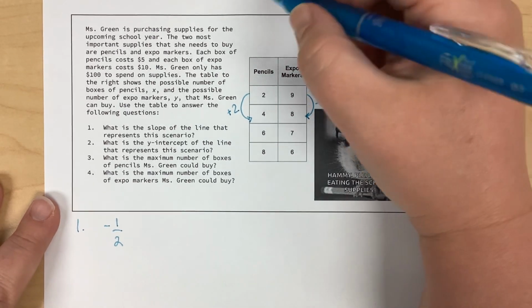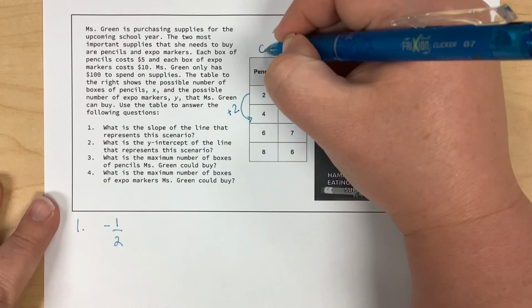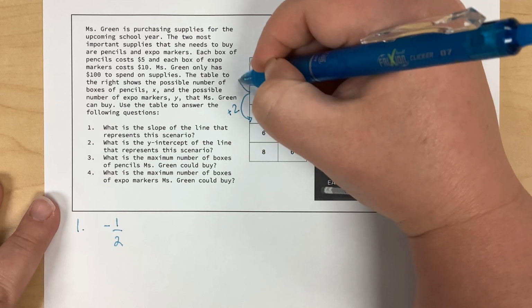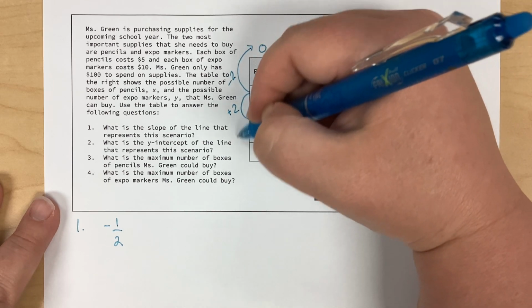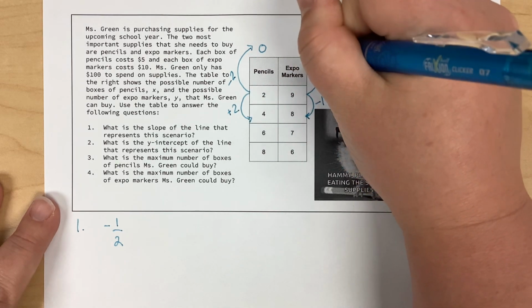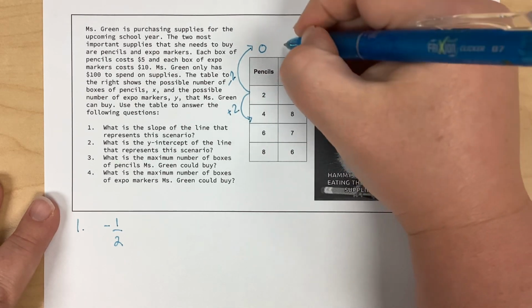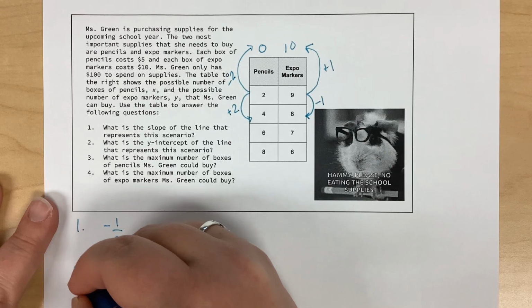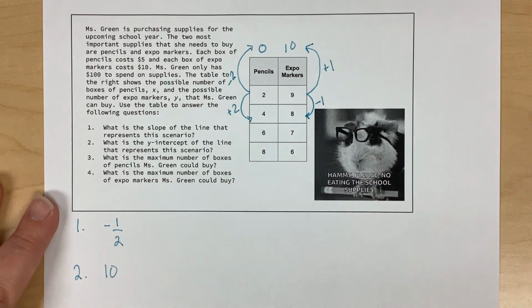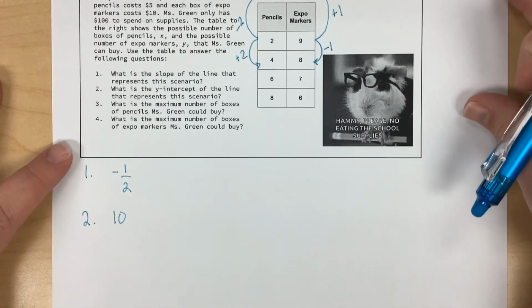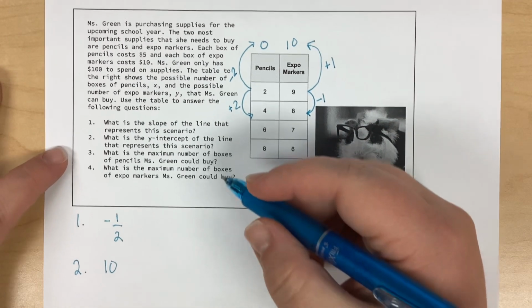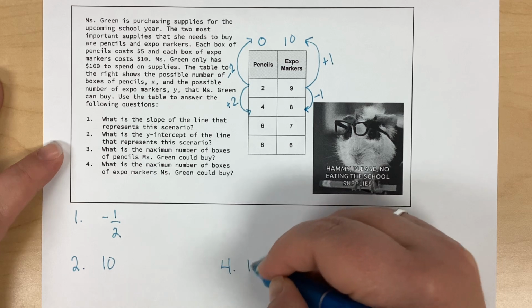Now the y-intercept, remember, is whatever y is when x is 0. So to go from this 2 to this 0, I'd need to subtract 2, which is the opposite of going down the table. So then when I go up the table on the y, I need to add 1, which would give me 10, which means my y-intercept is 10, which conveniently is also the maximum number of expo markers I can buy. So problem number 4, the answer is 10 boxes.